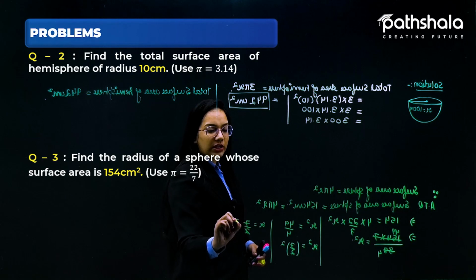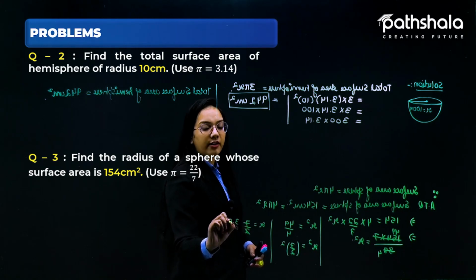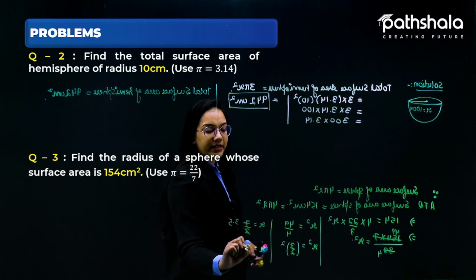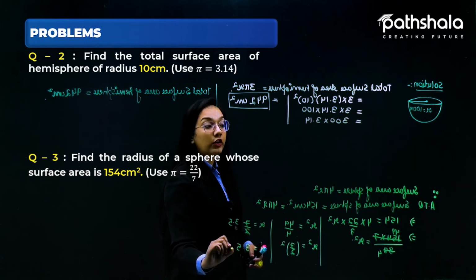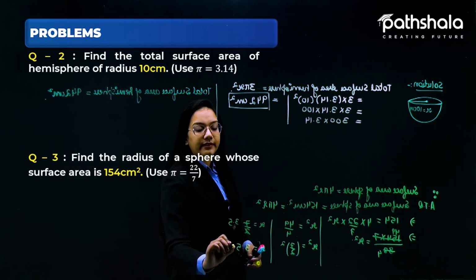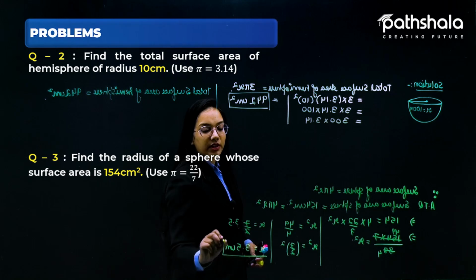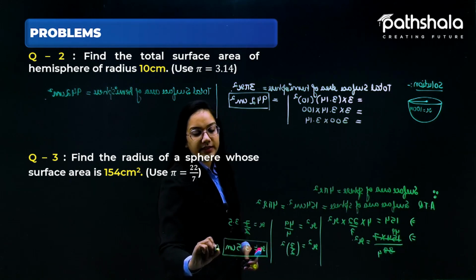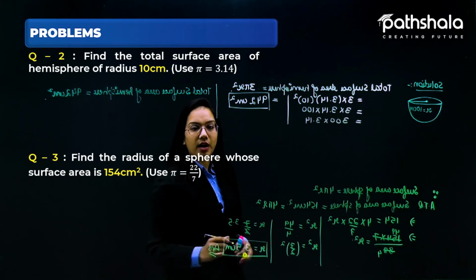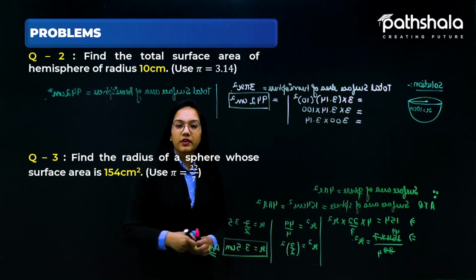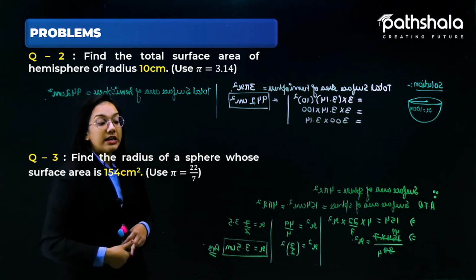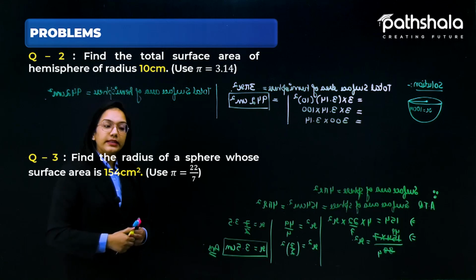So the radius is coming out to be 3.5, and the units are centimeter. So the radius is 3.5 centimeter, and this is our answer: the radius of the sphere whose surface area is 154 centimeter square is equal to 3.5 centimeter.